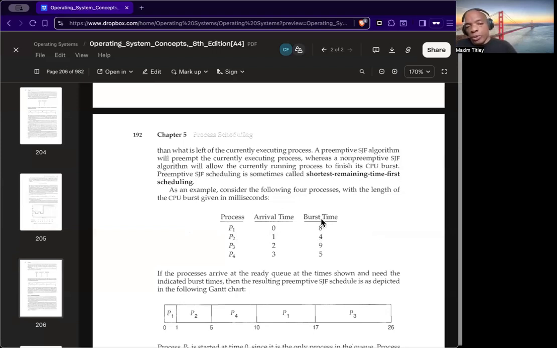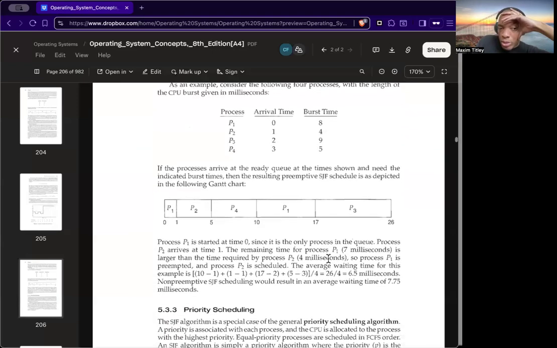By that time, the burst time for this first process would have been 8 milliseconds. So that's 7 more seconds than when P2 got there ready to run. 1 second after that came P3, and then another one after that came P4. And here are their different burst times.